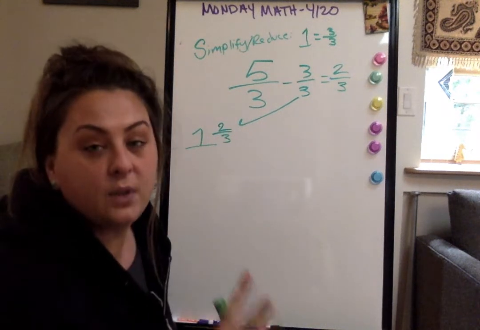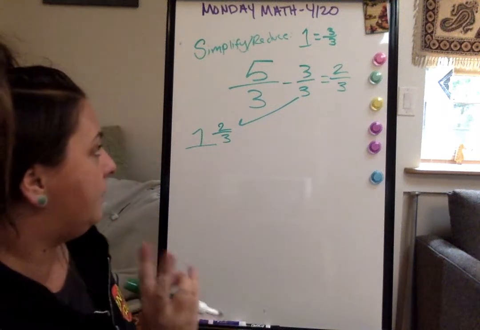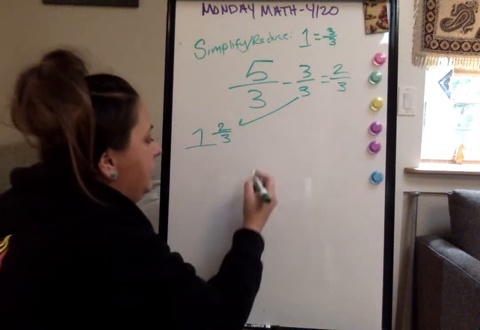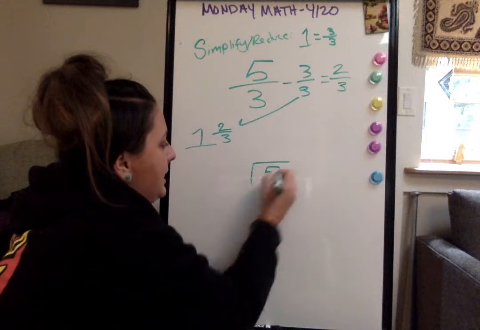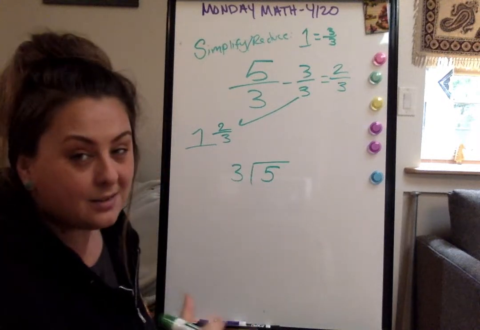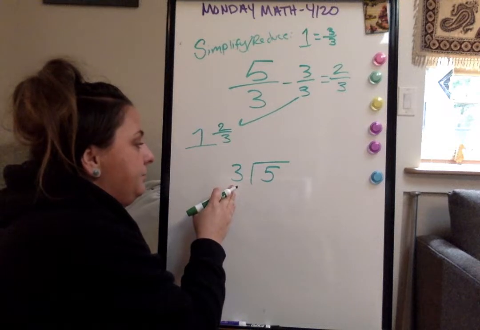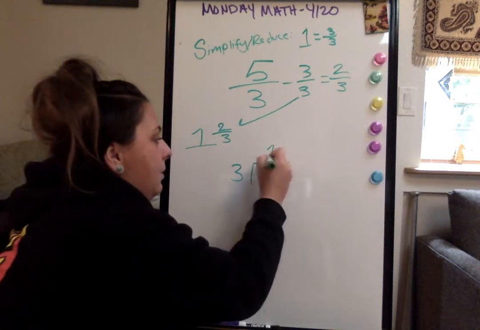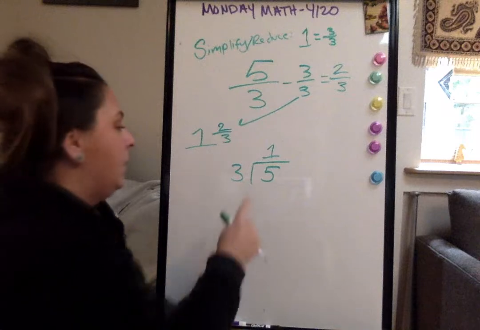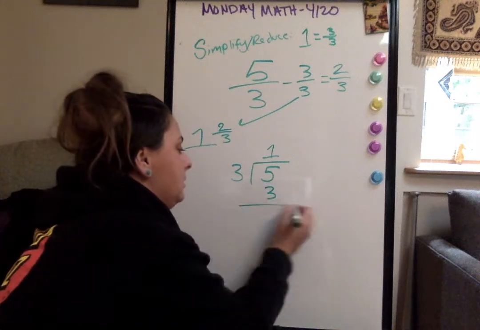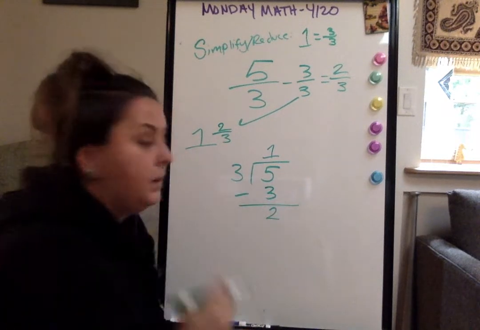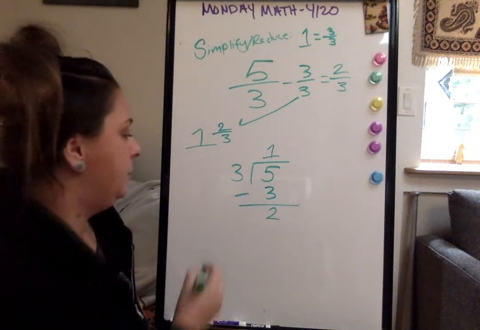The second method, which is the method I think you guys like a little bit more, is to take your numerator as your dividend, because all fractions is division, and divide it by your denominator. 3 goes into 5 one time. 3 times 1 is 3, leaving us with a remainder of 2.